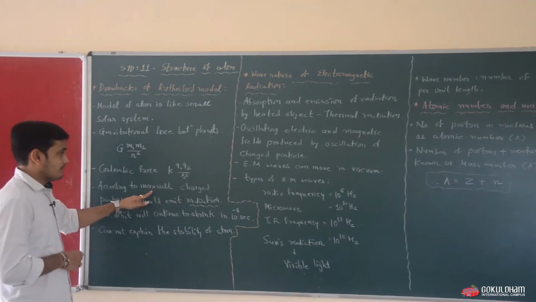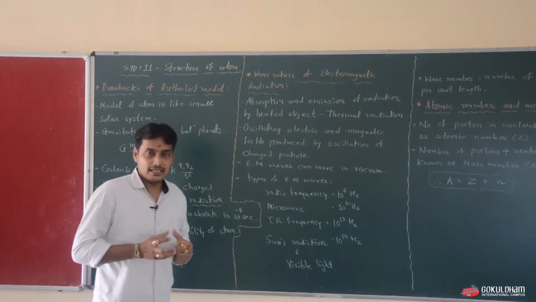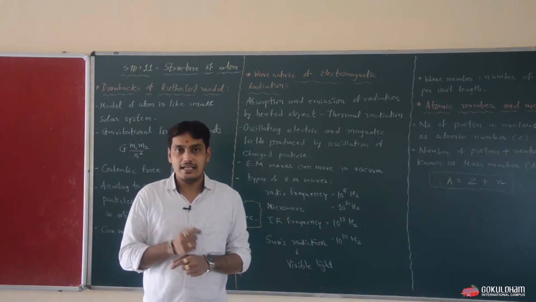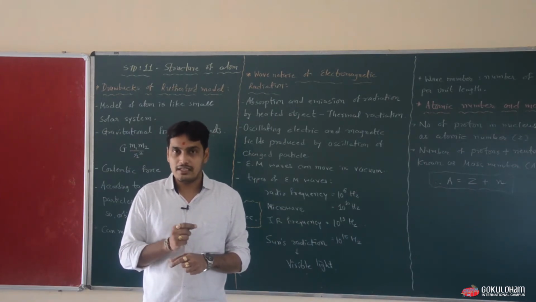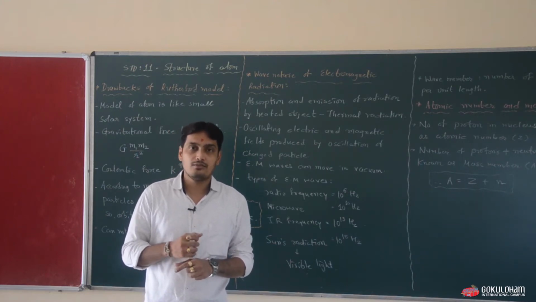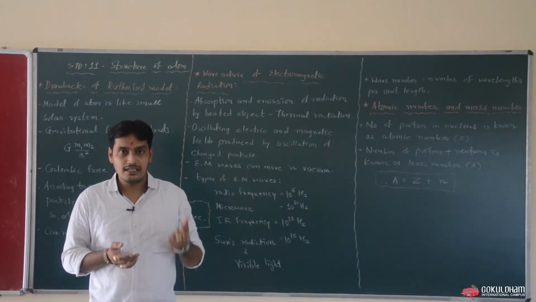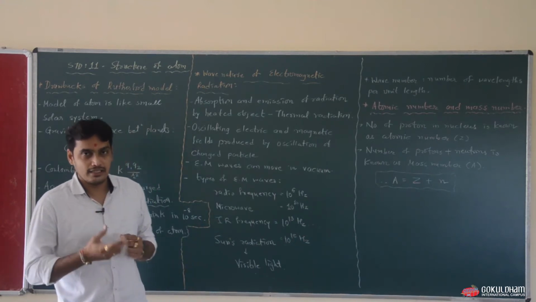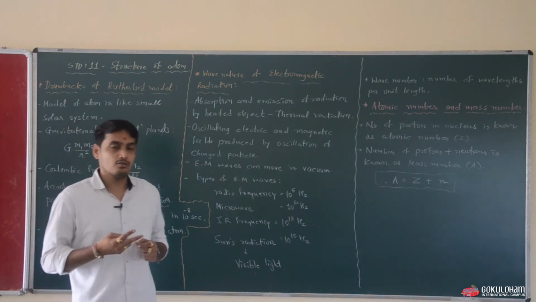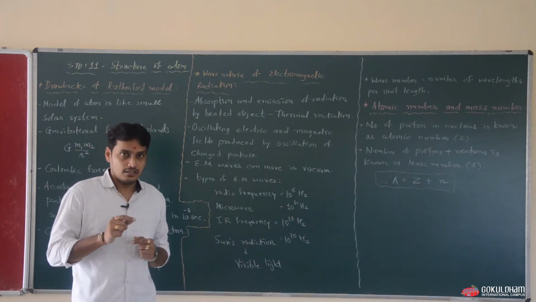According to Maxwell, charged particles should emit radiations. When an electron, which contains negative charge, is moving around the nucleus, the electronic movement provides acceleration, and those charged particles emit radiation in two forms. The first is wave nature, and the other is particle nature.